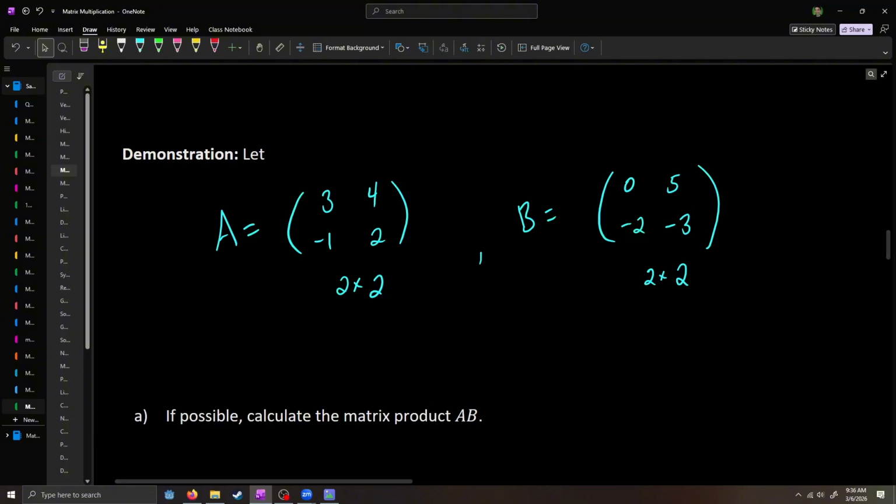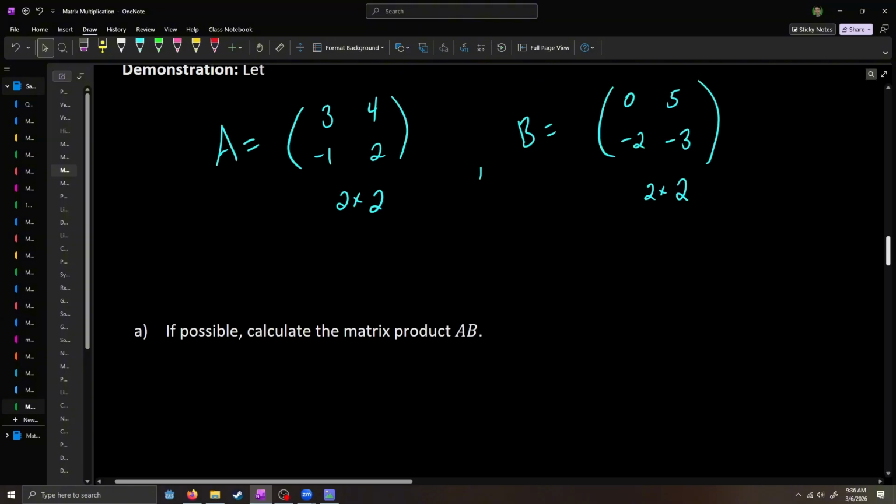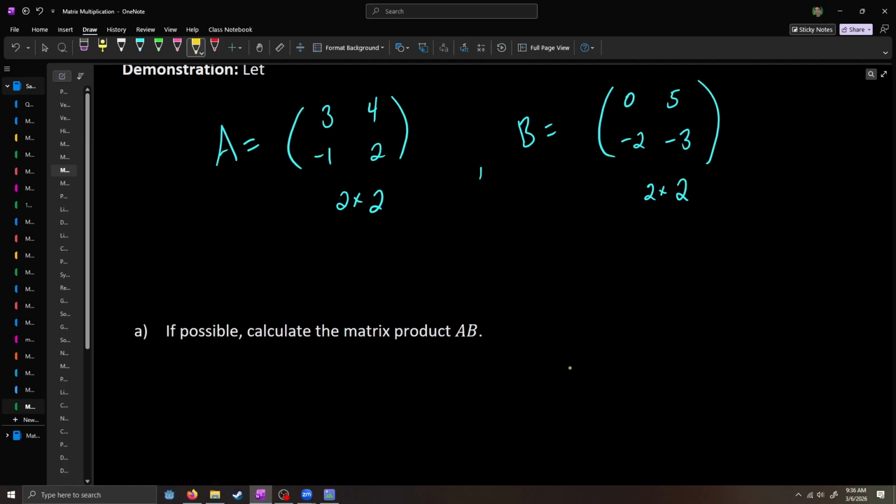So someone asks us to calculate the product A times B in that order. And the first thing that I'm going to note is that this product is possible because A and B are compatibly sized for that variety of multiplication.